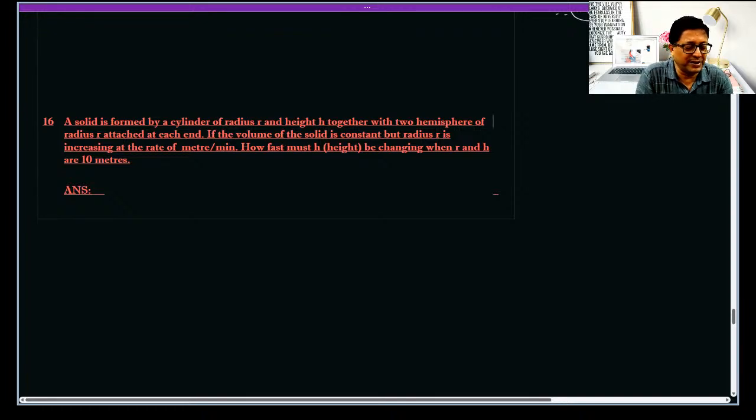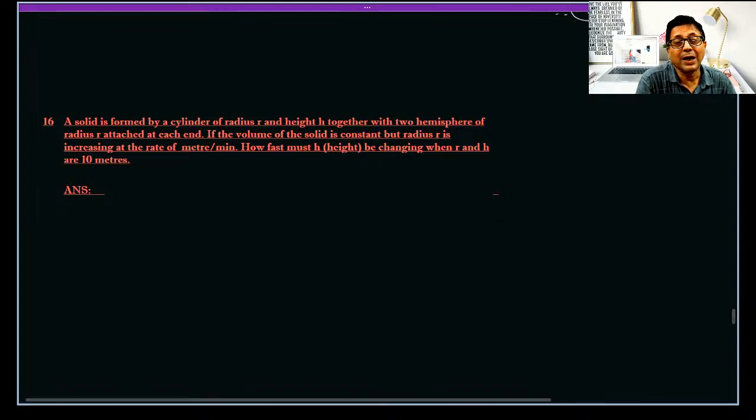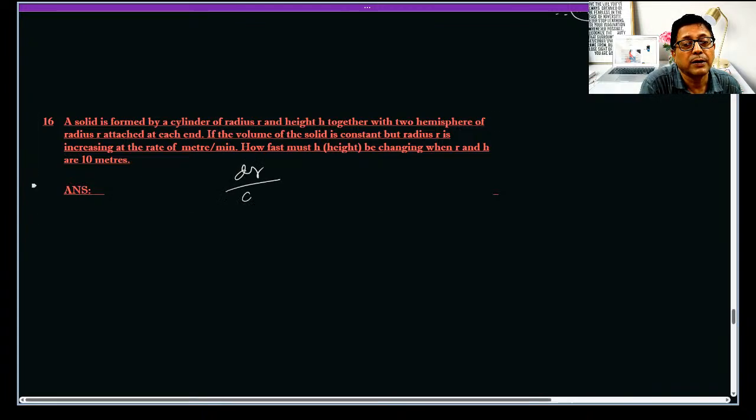I can tell you, just wait a minute. Volume of the solid is constant, but radius r is increasing at the rate of 1 by 2 pi meter per minute.